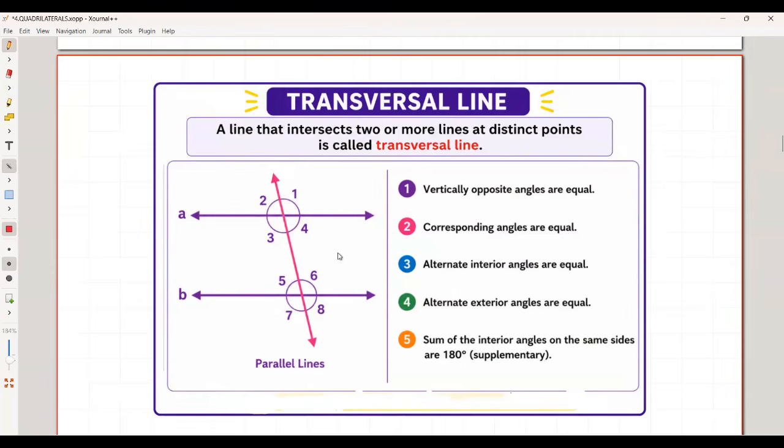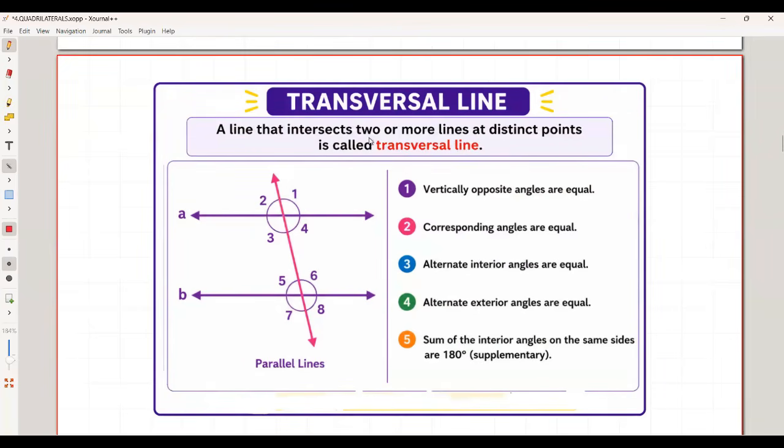Before entering into the figures, I want to make sure that you know some properties about the transversal line. What is a transversal line?